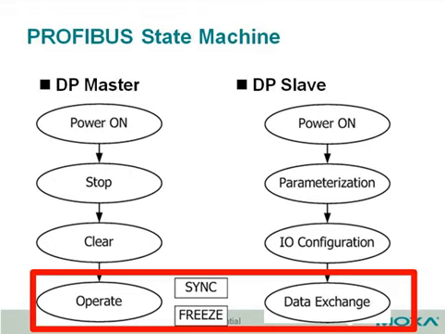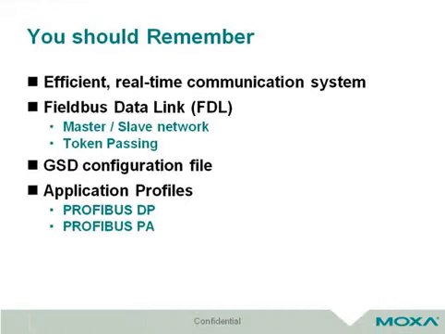After today's introduction, there are four things to be remembered. One: the PROFIBUS protocol is an efficient real-time communication system at the field level for distributed peripherals to communicate with automation systems. Two: PROFIBUS is a master-slave network.